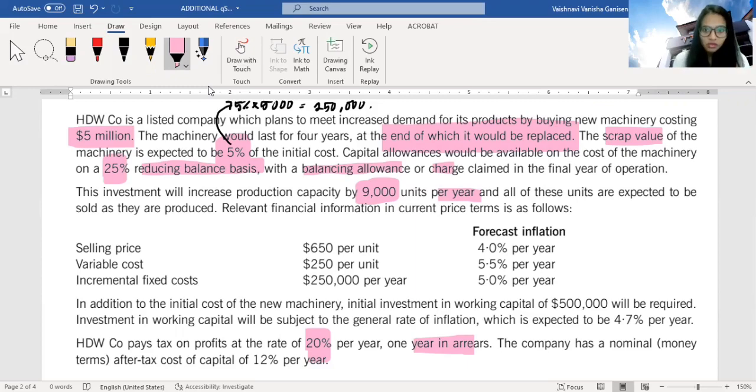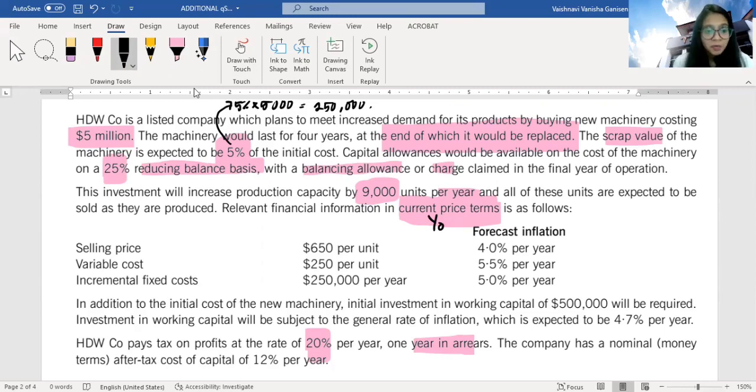Now, relevant financial information in current price terms is as follows. Year zero, current price terms, that means all information that is given to you is in terms of current year information.